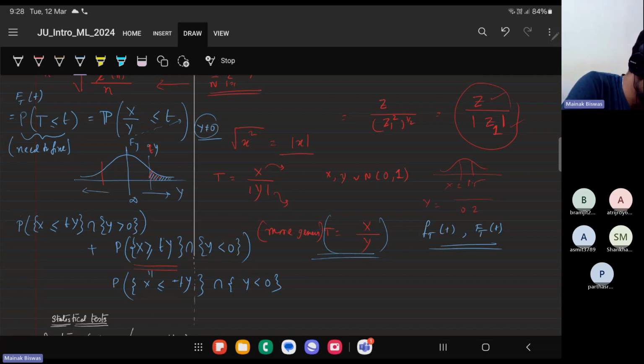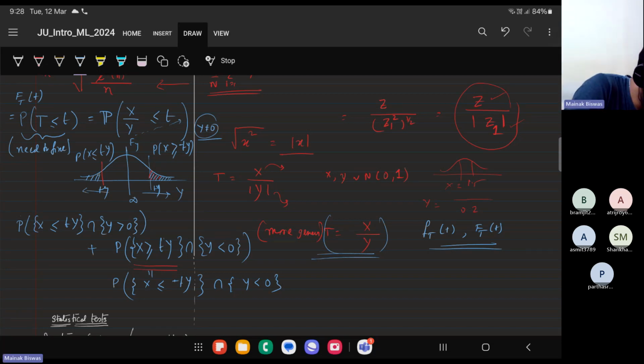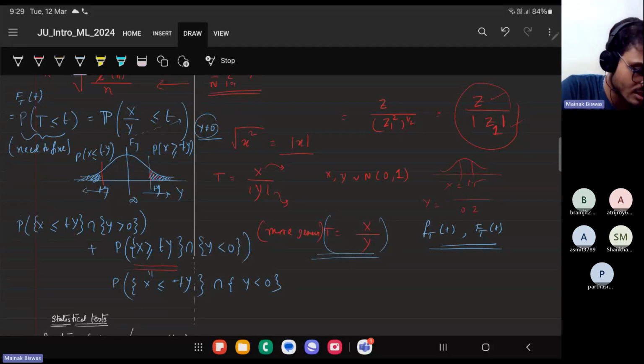The probability of x greater than ty, this is your ty, is it not equal to the probability of x less than or equal to minus ty? If you take this as ty, this will be your minus ty. Correct or wrong? Correct. The tails are symmetric, yes or no? Yes. Others, if it is not clear, you ask me, otherwise I'll not be able to understand.